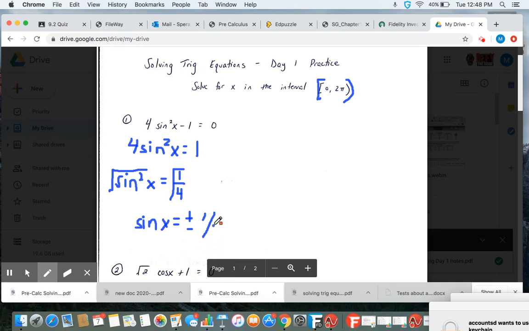Now here's where the special angles come in. Our answer here isn't x equals plus or minus 1/2. Our answer is going to be, well, what angle has a sine coordinate, and sine is y, right? So what angle has a y coordinate of plus or minus 1/2? So we've got to think about our special angles. Think about the pi over 6, pi over 3, pi over 4, all those that you worked with the other day.